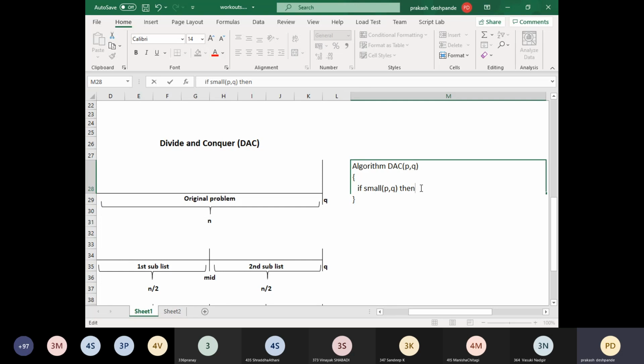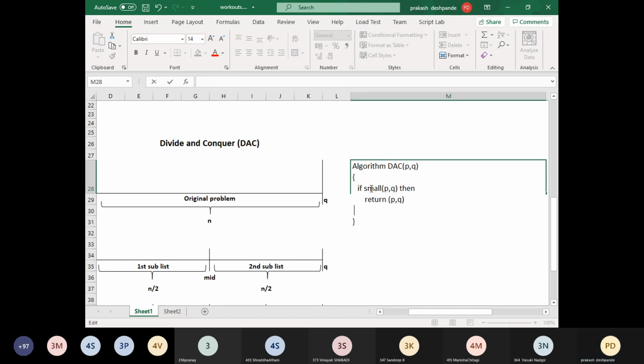Here small means it is divided now, and if I know the solution for that, then I can write the solution, and that particular solution will be between the given numbers, that is P and Q.